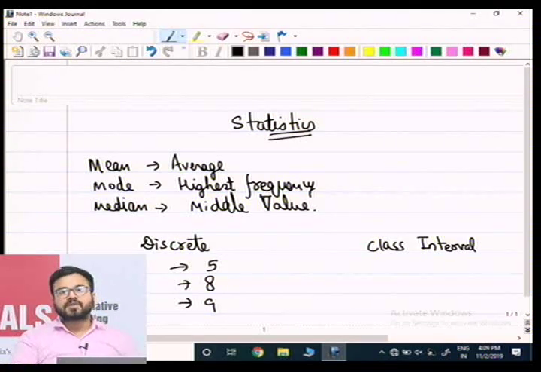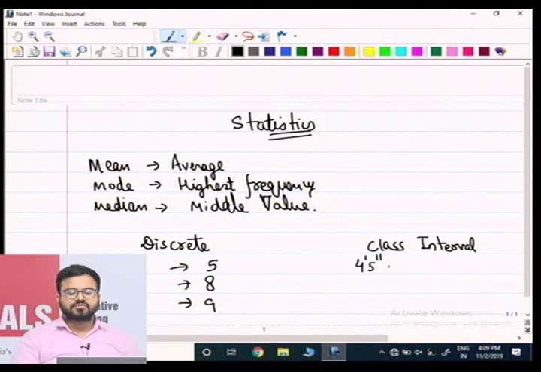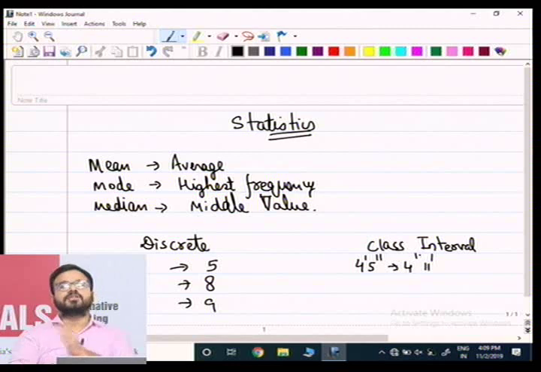But in case of class interval, we give a range, like from 4 feet 5 inches to 4 feet 11 inches. How many students lie in this group? This is known as the class interval type of data.